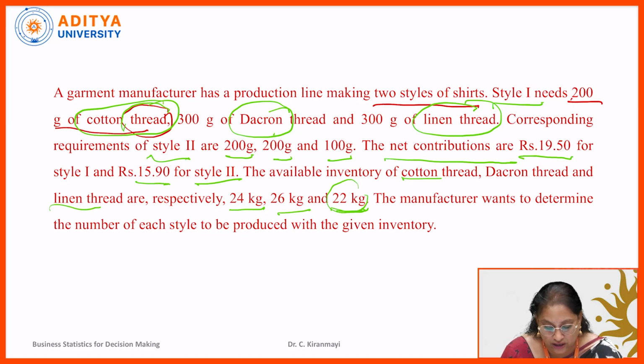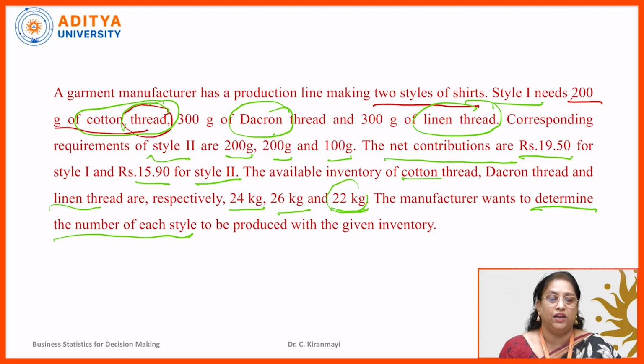The manufacturer wants to determine how many shirts of style 1 and how many shirts of style 2 are to be manufactured. That is the question in front of the manufacturer. So, these are the decision variables, and the objective function is maximizing the profit upon each shirt.